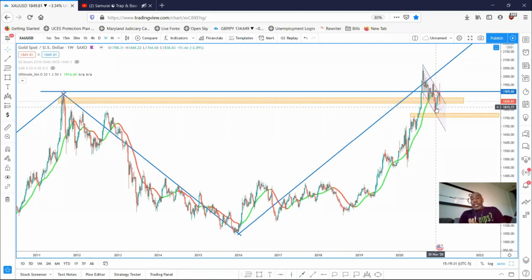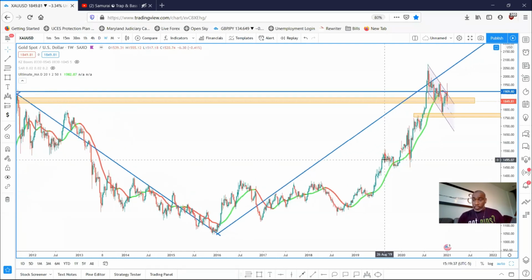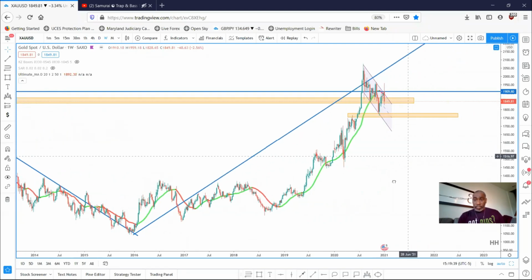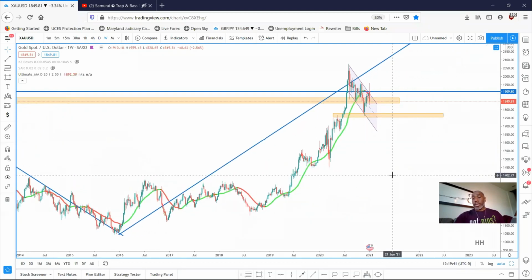So after a retest, what typically happens? Somebody talk to me. What typically happens when we have a retest? Will it continue in its current direction? You got it. There you go.